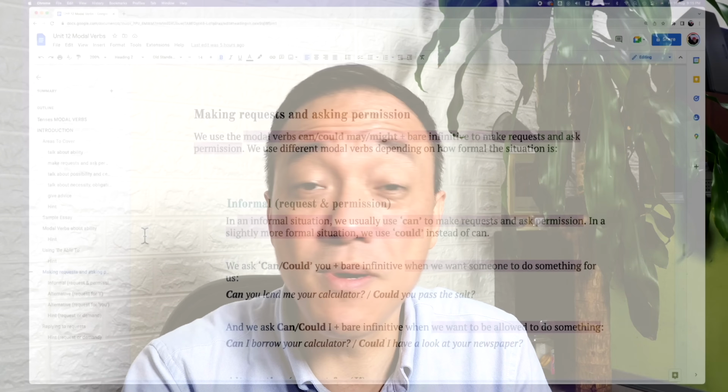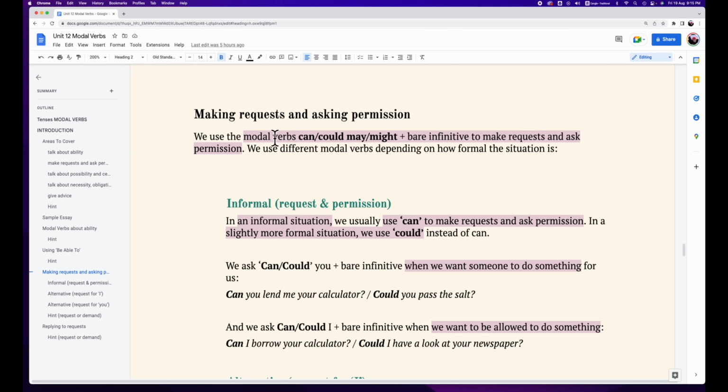First of all, we take a look at how to make a request and ask permissions. We use modal verbs can or could, may or might, plus bare infinitive to make requests and ask permissions.